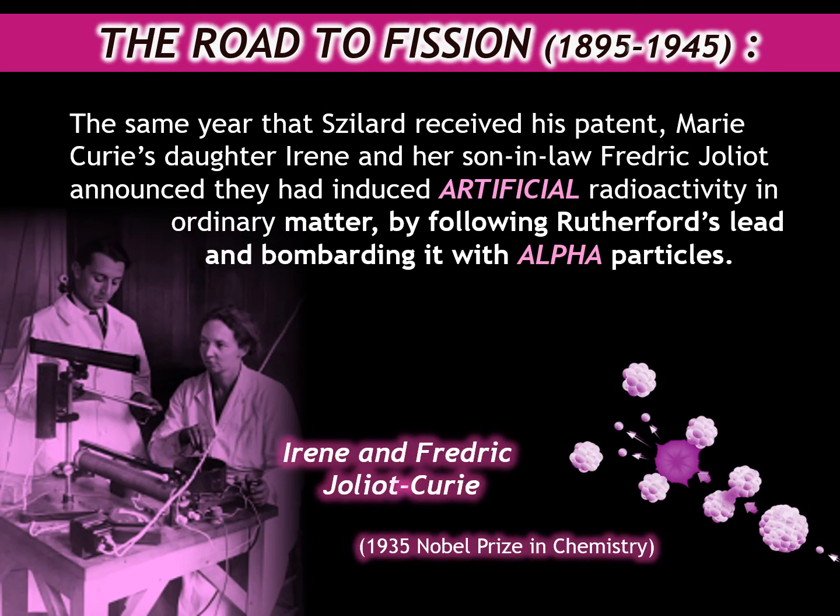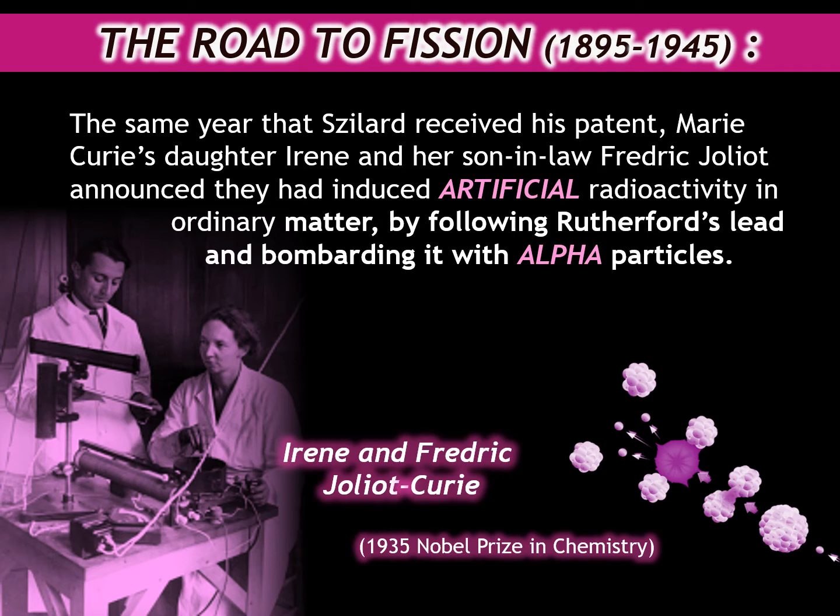Now, the same year that Szilard received his patent, Marie Curie's daughter, Irene, was all grown up, and she and her husband, Frederick Joliot, announced that they had made artificial radioactive elements. They'd taken ordinary matter, and they did what Rutherford was doing.